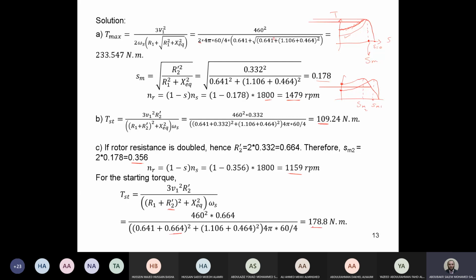Comparing the torque starting, this one is 178, the previous one was 109, so the torque starting increased a bit. This is logical for adding resistance. So up till now, everything is logical. Is there any question? Everything is clear now? Fine. Good.